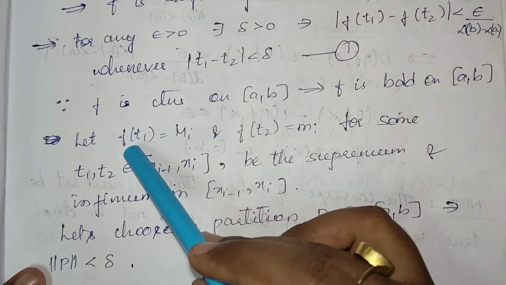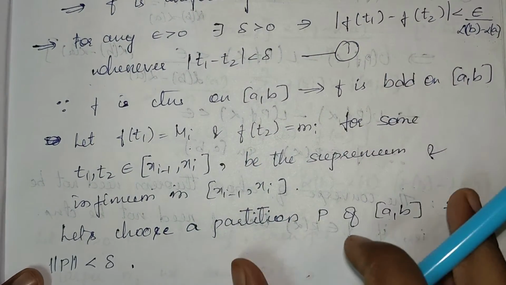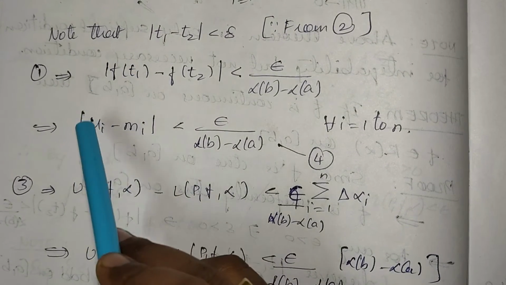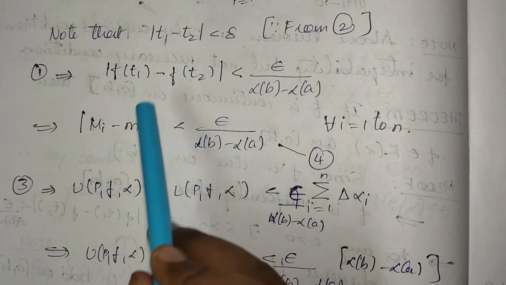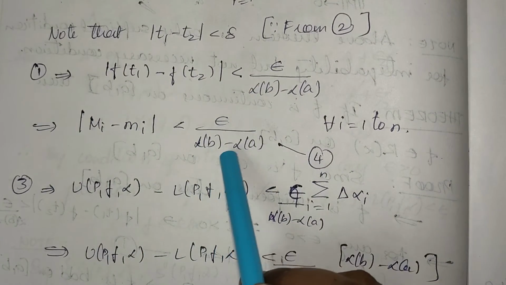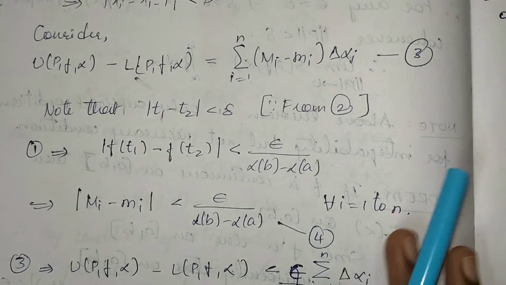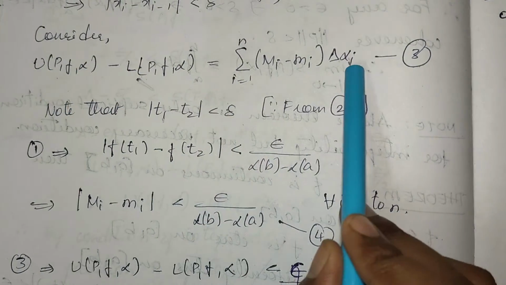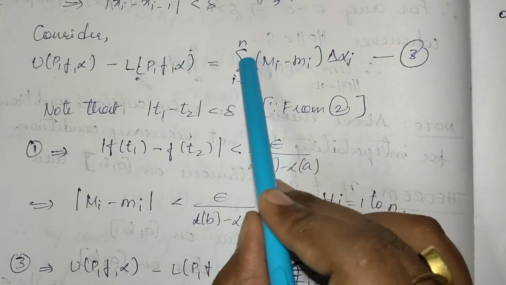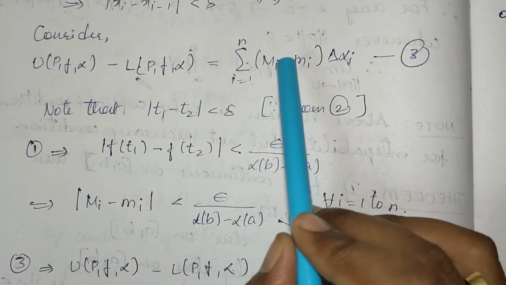So in place of f(t1) I have capital M_i and f(t2) I have small m_i, and this is less than epsilon by alpha(b) minus alpha(a). This is from equation 4.